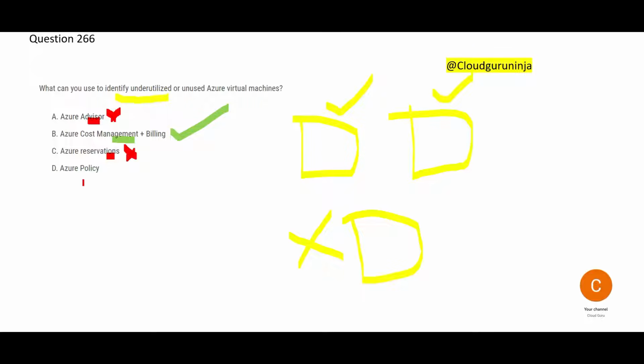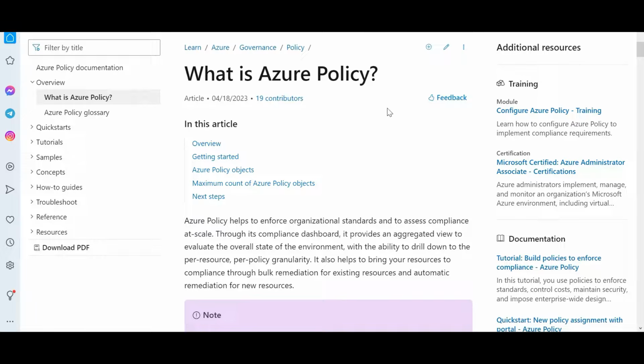Okay. And then Azure policy. Now, many of you may ask, what is Azure policy? So policy, as the name suggests, you want to enforce certain standards. Like in India, we want to enforce certain standards. Like we can create a new law. For example, somebody created, okay, you cannot eat a certain sort of meat. So that is something you can draft as a policy.